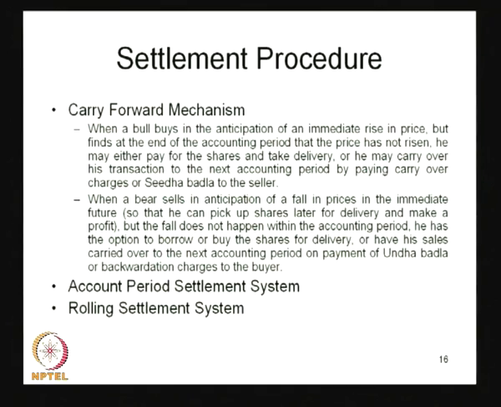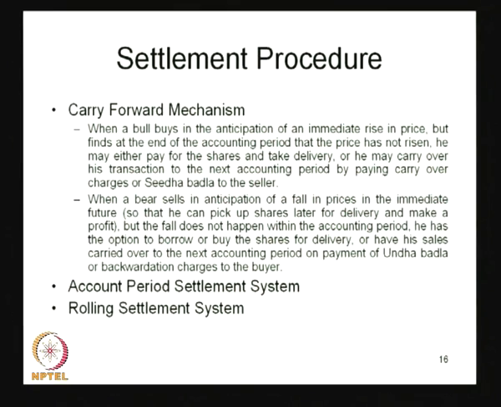When a bear sells in anticipation of a fall in prices in the immediate future, but the fall does not happen within the accounting period, he has the option to borrow or buy the shares for delivery, or have his sales carried over to the next accounting period on payment of Unda Badla or backwardization charges to the buyer. So that was a very old system in the Indian share market, where the carry forward mechanism was working.